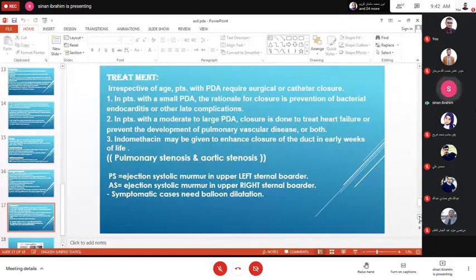Even in adults with pulmonary stenosis, the treatment is the same, while in adult patients with aortic stenosis, the management will be different. This may be associated with calcification, so the balloon is contraindicated; it may disrupt the valve or destroy the calcification, showering emboli and causing a disastrous CVA stroke for the patient. So the treatment here will be surgical.